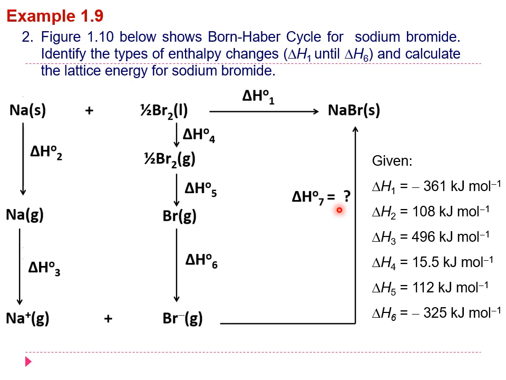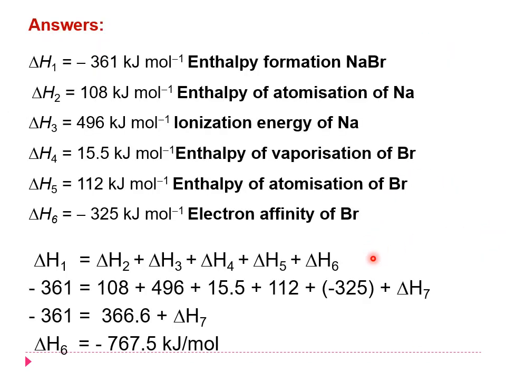So let's look at the calculation. We are going to use all this data. There you go. This is the list that I have told you before. And this is the formula. Delta H1 is the enthalpy of formation. Apply Hess's law. Delta H1 equals delta H2 plus 3 plus 4 plus 5 plus 6.